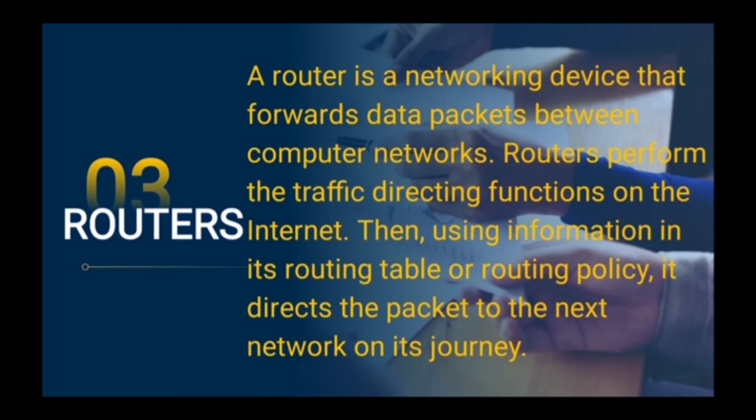Using the information in its routing table or routing policy, it directs the packet to the next network on its journey. The router acts like your determiner. It acts like your direction giver, deciding which packet has to move to which network, how many packets have to arrive, and how many packets should go out of my device.